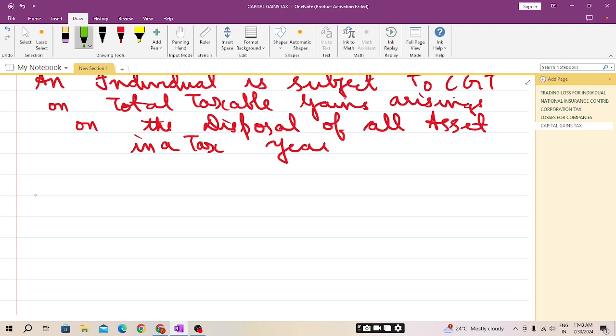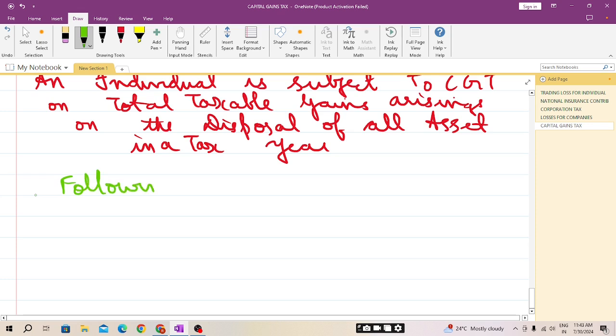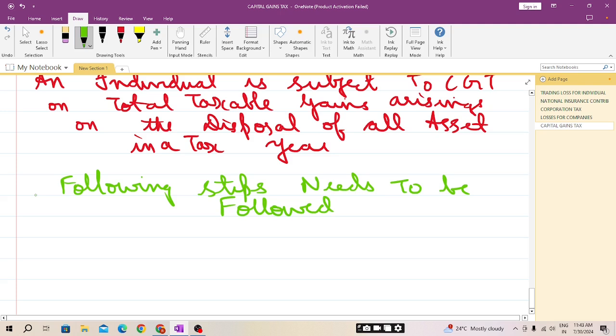So the step 1 will be, students, the following steps need to be followed to calculate capital gains tax.